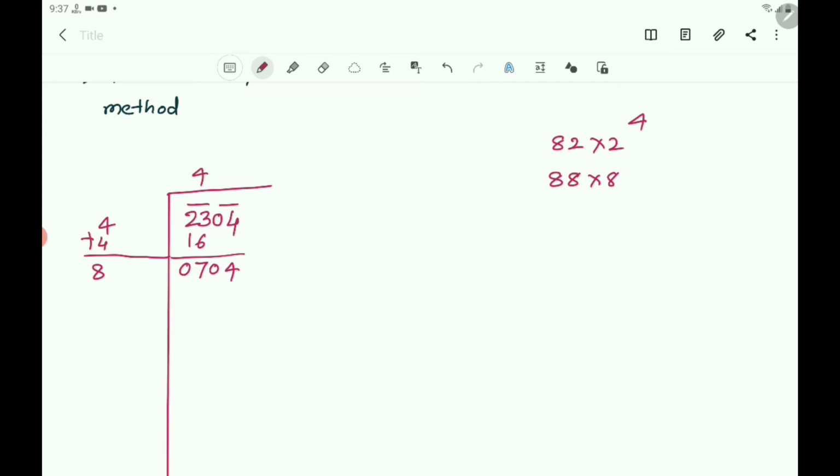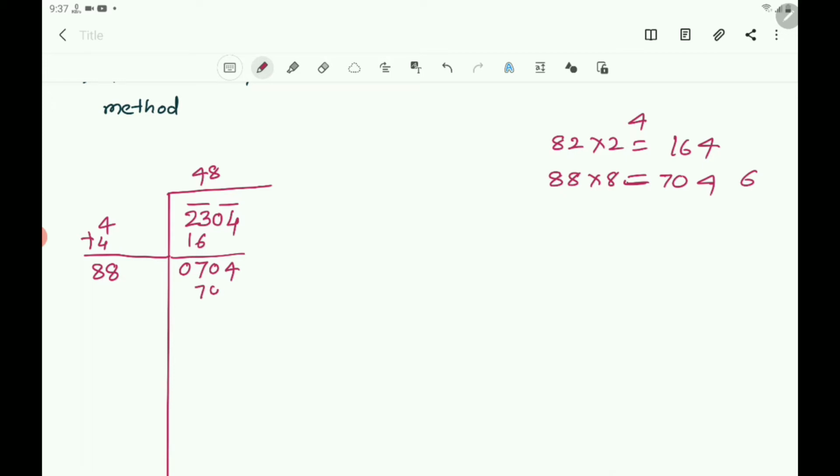So we have to take 82 into 2 or 88 into 8. 82 into 2: 2 2s are 4, 8 2s are 16. And 88 into 8: 8 8s are 64 plus 4 is 704. So we have to take 88 into 8.